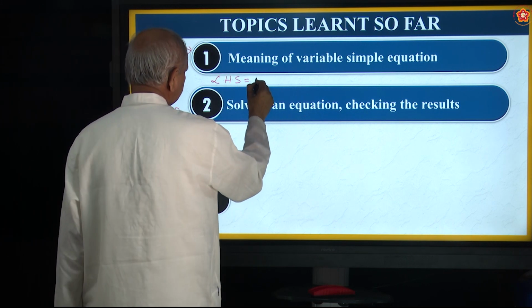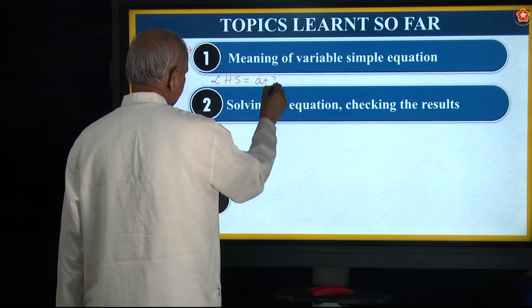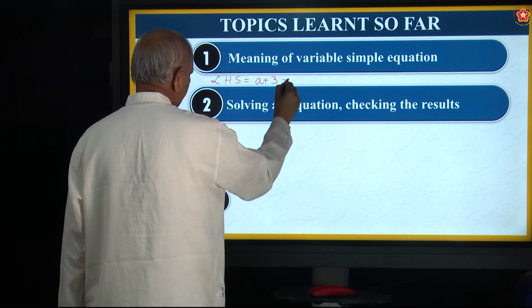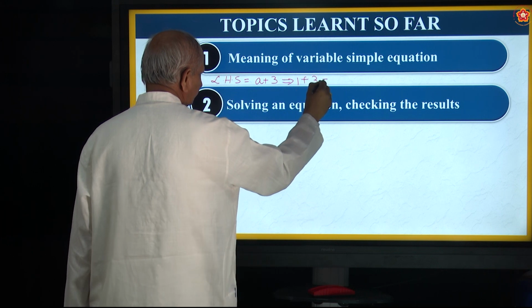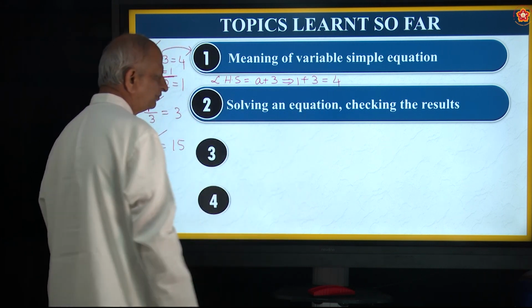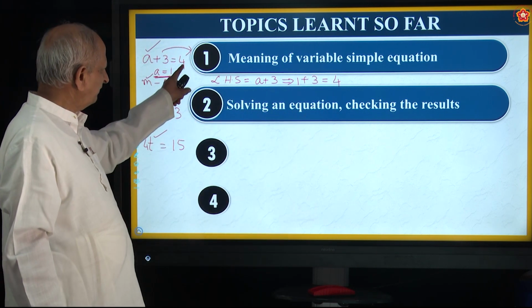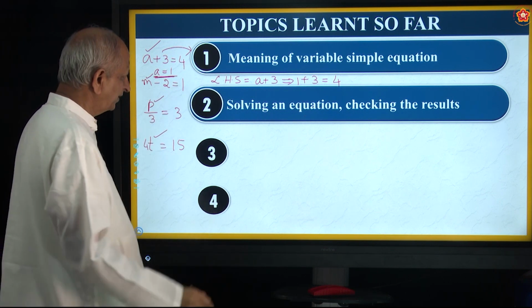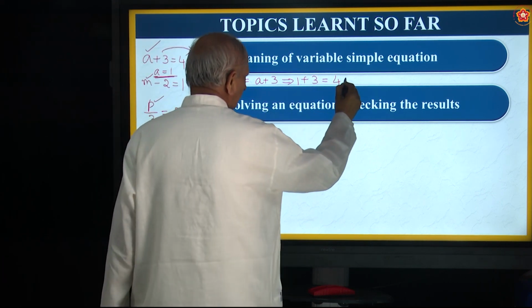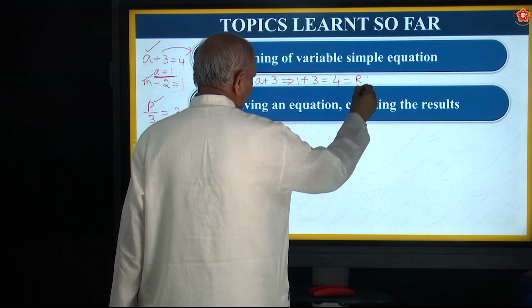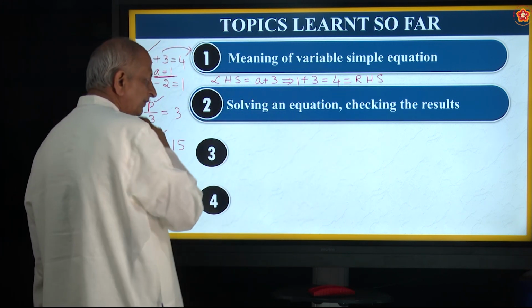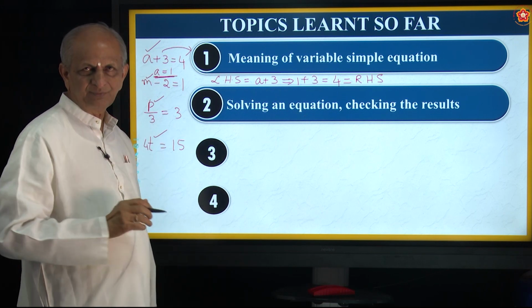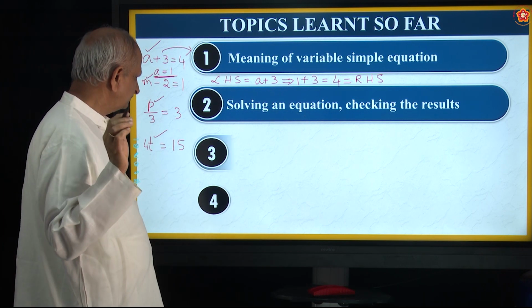Apply it there. So A plus 3 is on the left hand side. In the place of A, you write 1. 1 plus 3, how much is it? 4. Is it the same thing on the right hand side? Yes. So the left hand side is equal to the right hand side, and we say this is an equation.